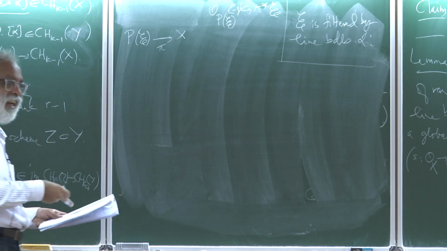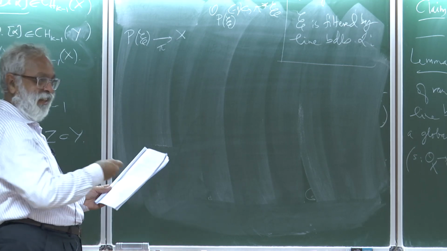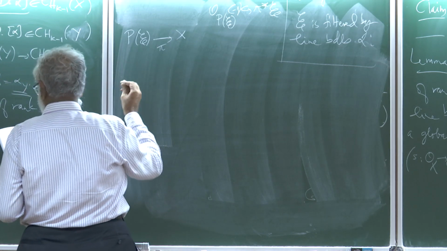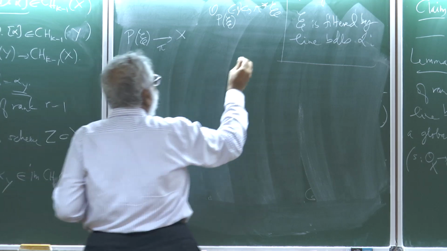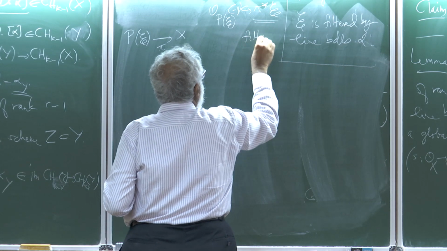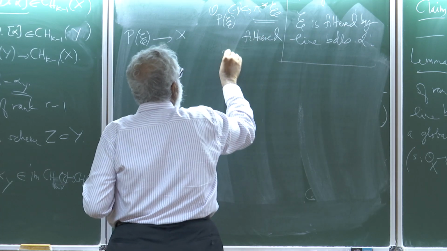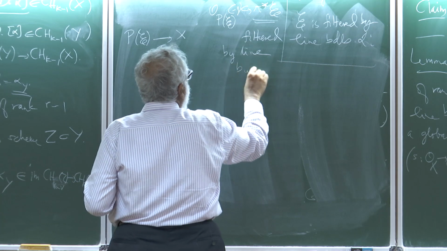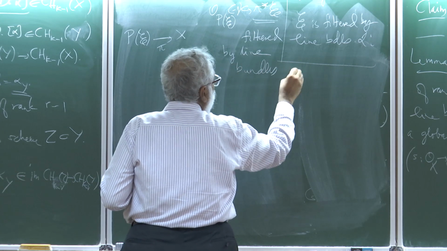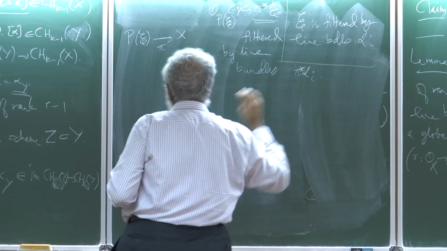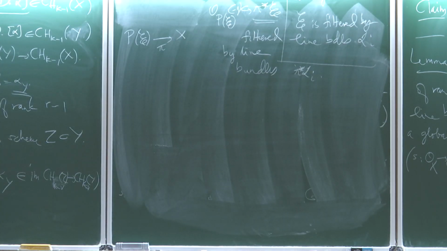So what I've done directly in my notes without any explanation, and I also found it confusing for a second. So, right. The point is, this is now filtered by line bundles of pi upper star Li. Correct?